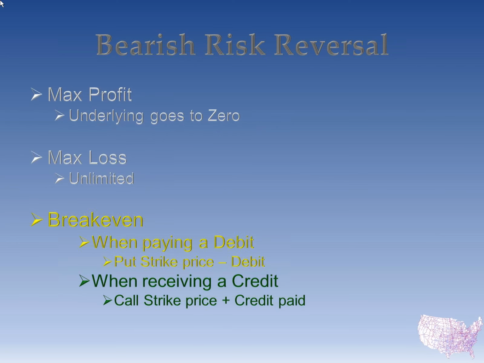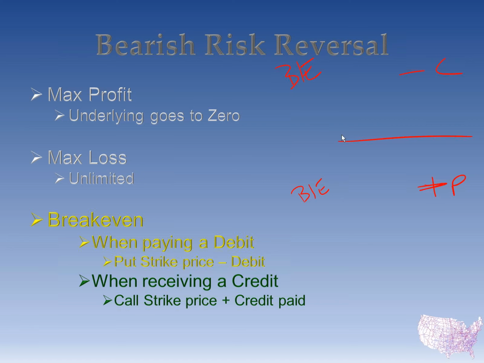All right, break evens. Why not pay a debit? Because when we're paying a debit, it's our put strike. If the underlying is trading right here, we're long puts down here and short some calls up here, right? What would you rather have: your break even here or your break even here?